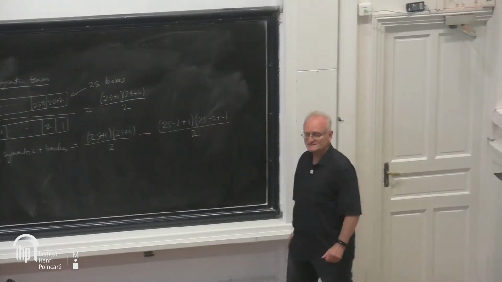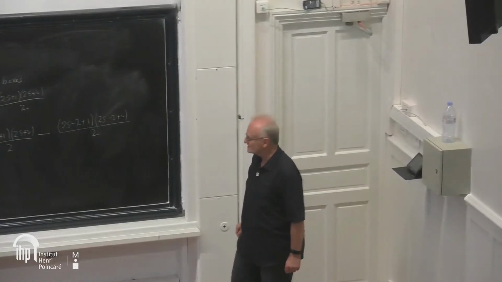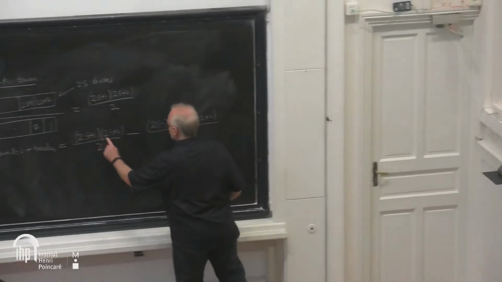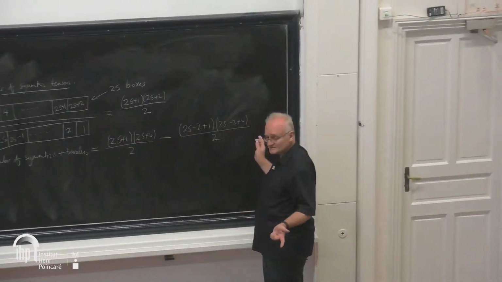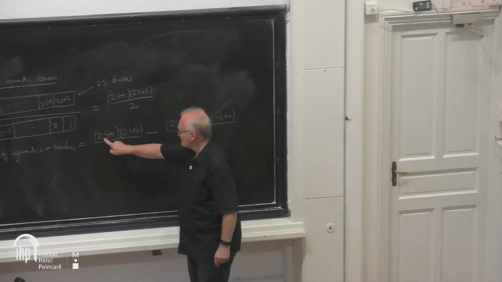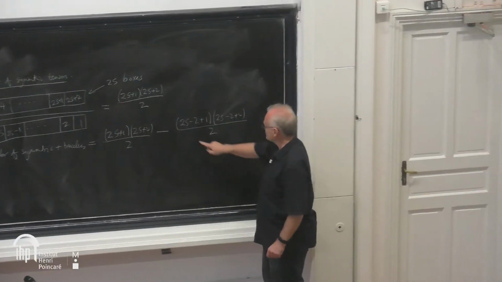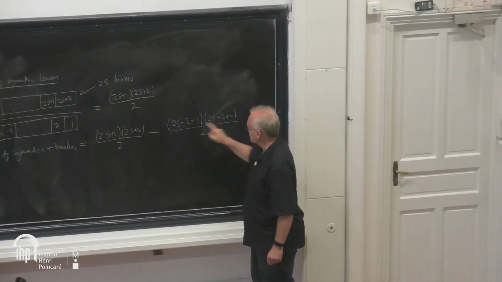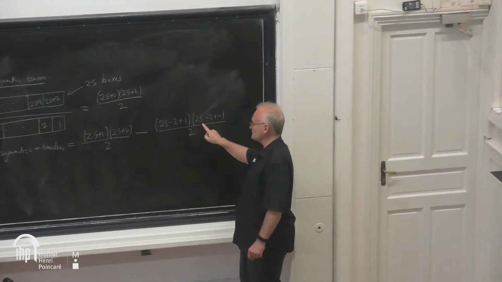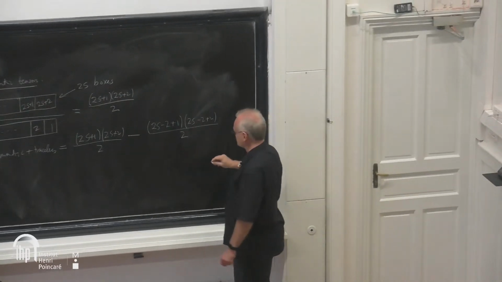That's the number of traceless conditions. So 2s squared, 2s squared, that cancels. 4s plus 2s is 6s. 6s, that's nothing. Minus 2s is 4s, divided by 2 is 2s.